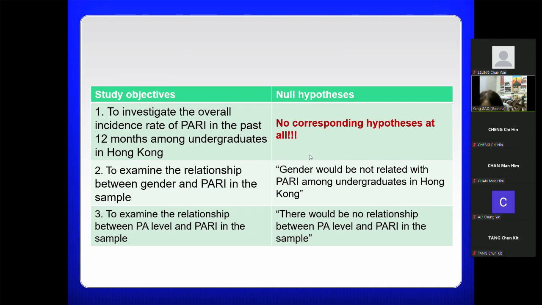So here I showed you the study aims, study objectives, and the hypotheses required in this course and in your honors project. Any questions about this part?